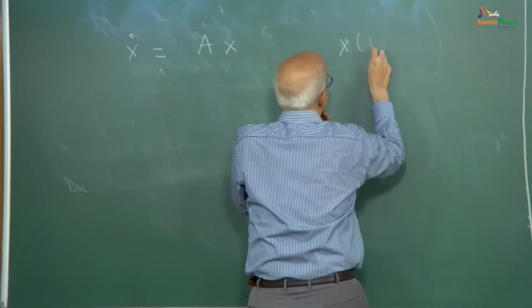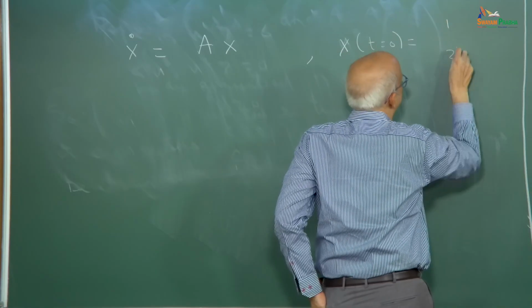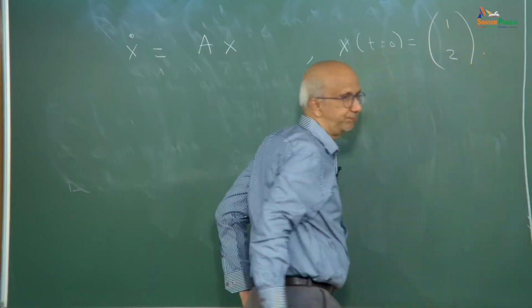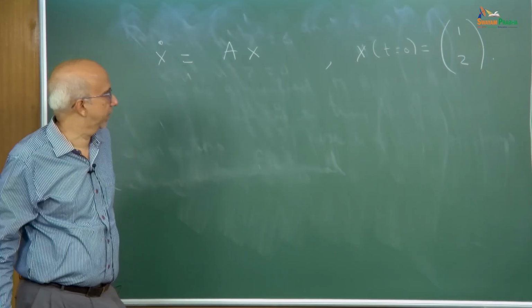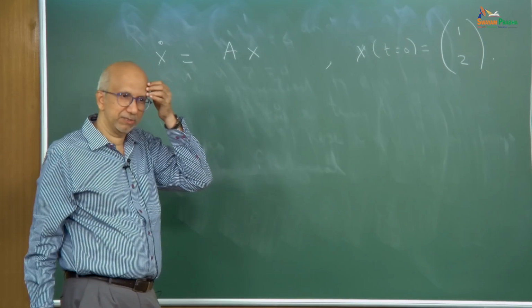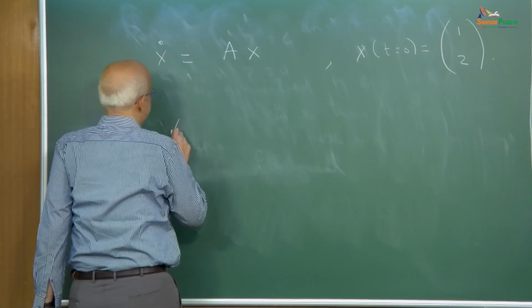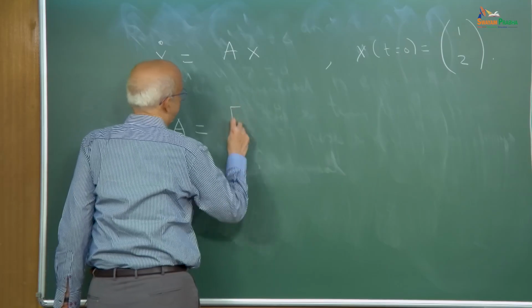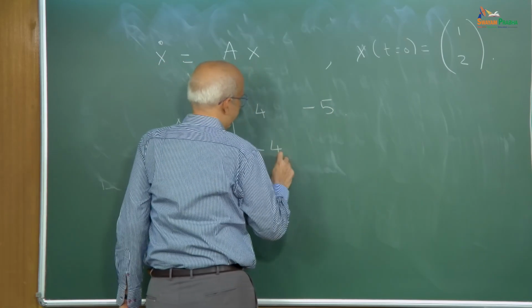X at t equal to 0 is 1 and 2, let us say. Okay. So this is just a problem right now, and I just remember my batch reactor problem from the previous class, so I think I am just going to use that and say A is of the form 4, minus 5, minus 4, 5.